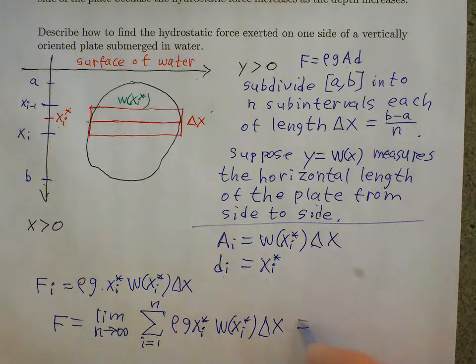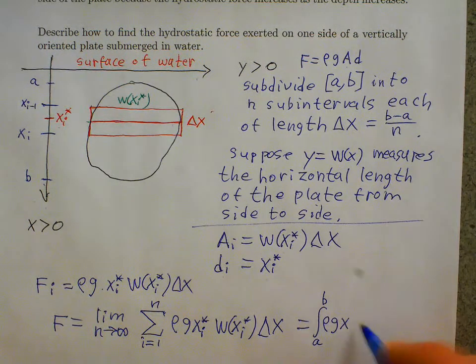And then the limit is going to be the definite integral from x equals a to b of rho times g times x times w of x dx.